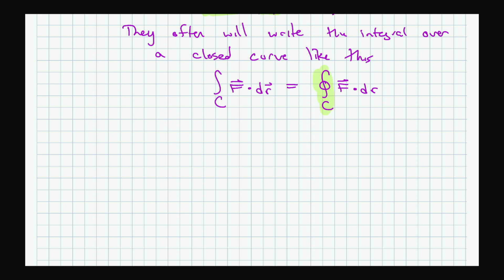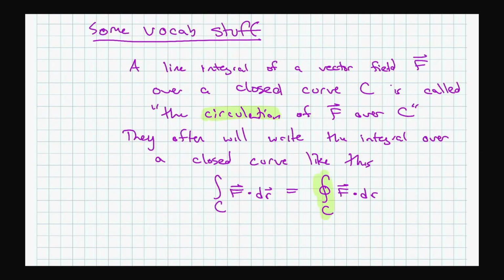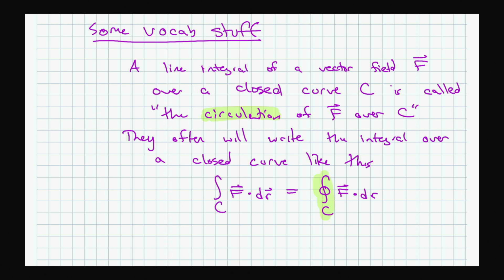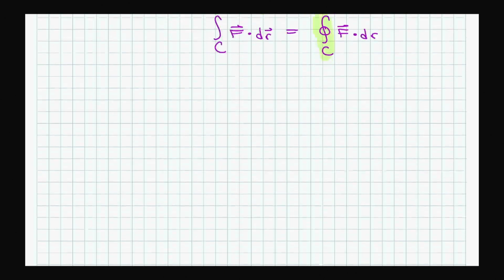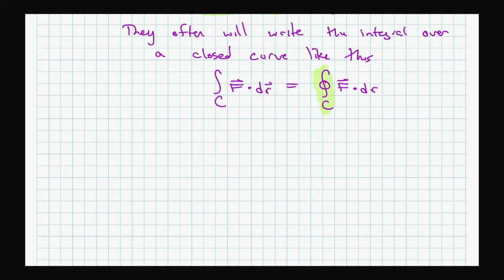Then anyway, if you combine the idea of the word circulation, well, actually, I was going to say what that means for conservative vector fields, but I want to say one more thing about circulation, which is how you interpret it.